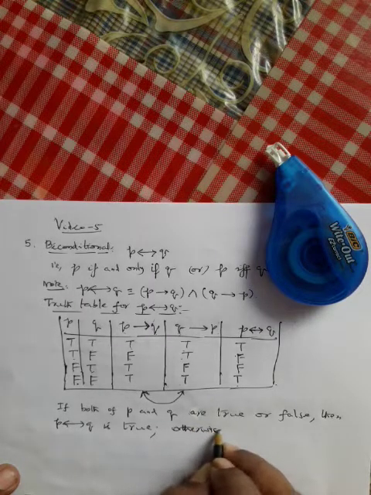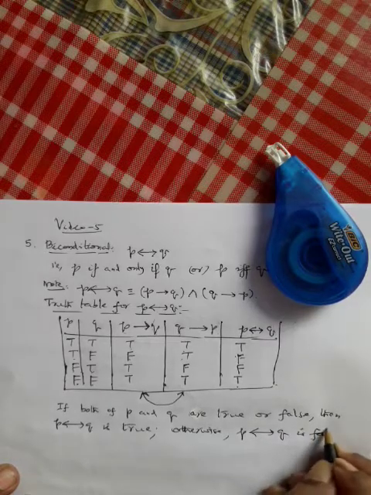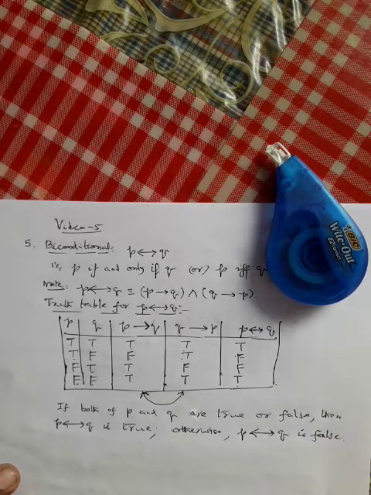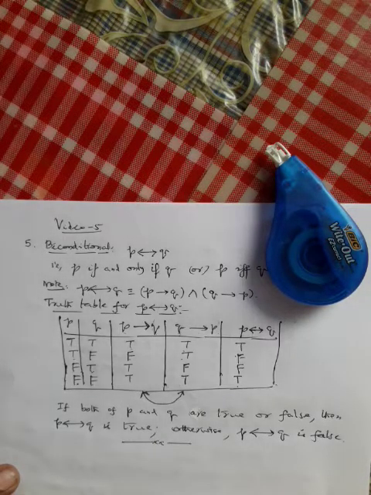Otherwise, P biconditional Q is false. That is, if one is true and the other one is false, the biconditional statement is false. So this is the biconditional.